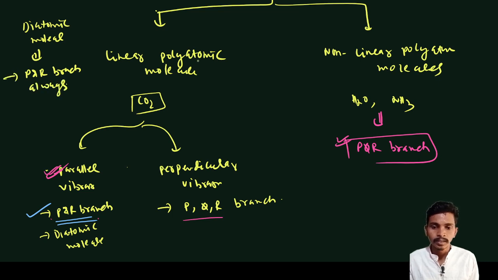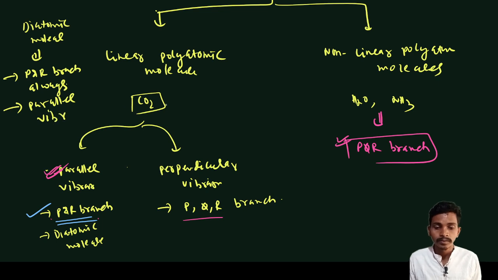And for linear polyatomic molecules, we have both parallel vibrations and perpendicular vibrations. If we get parallel vibrations, then we get P and R branch. So P and R branches always mean these are parallel vibrations. And for perpendicular vibrations in linear polyatomic molecules, we get PQR branch.